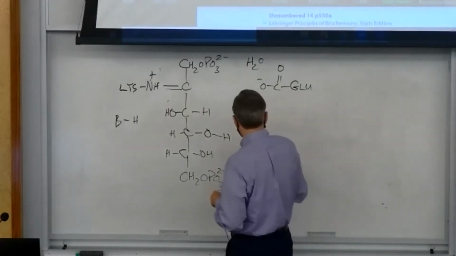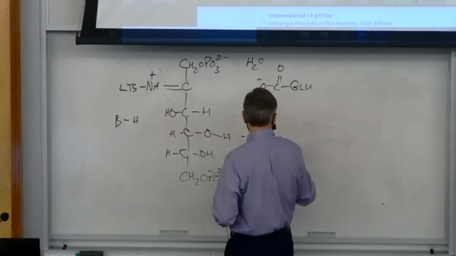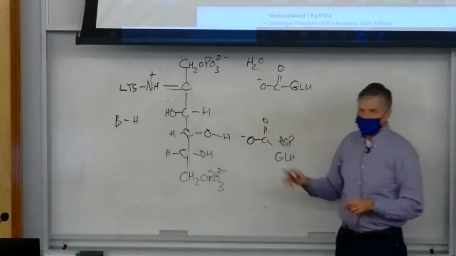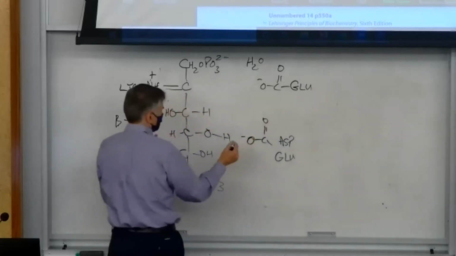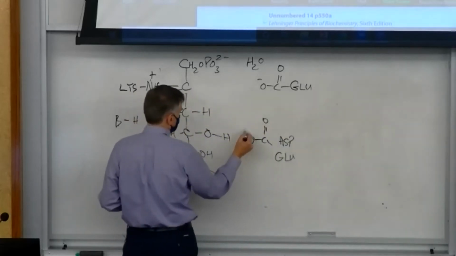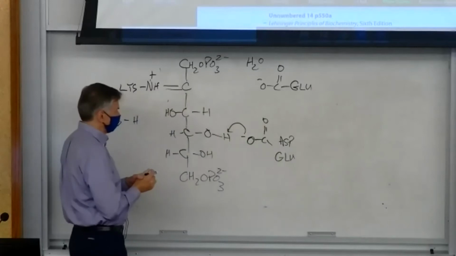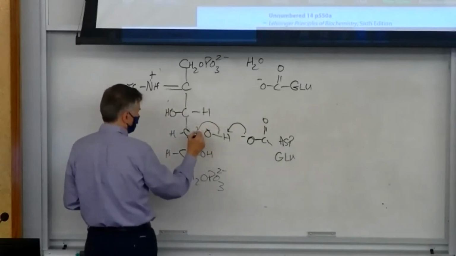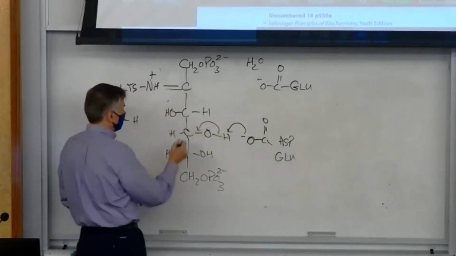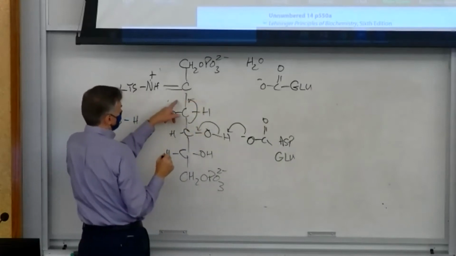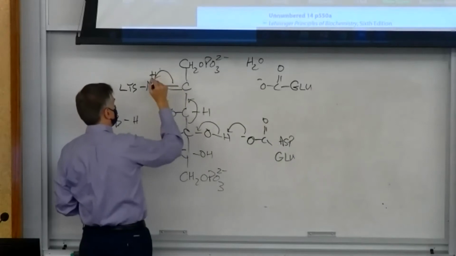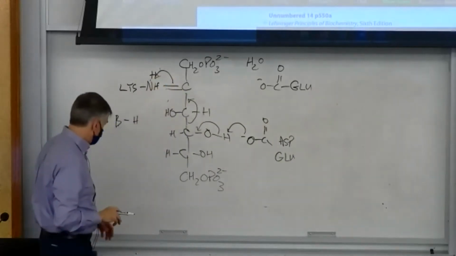So down here, and this is argued about, is either an aspartate or a glutamate with its carboxyl group out here. It is going to take off this proton. We're going to form a carbonyl. This pair of electrons is going to shift up here, and this is going to move electrons here.